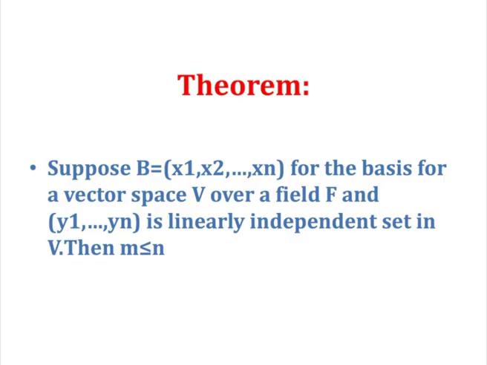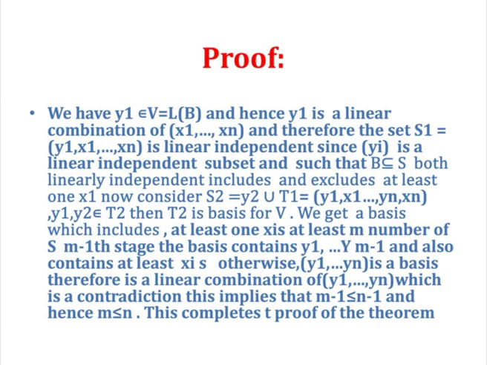Next theorem, this is also a most important theorem. Suppose B equals x1, x2, etc. xn is a basis for a vector space V over a field F, and y1, y2, etc. ym is a linearly independent set in V. Then m is less than or equal to n. So, we have y1 belongs to V, which equals L of B, and hence y1 is a linear combination of x1, x2, etc. xn.